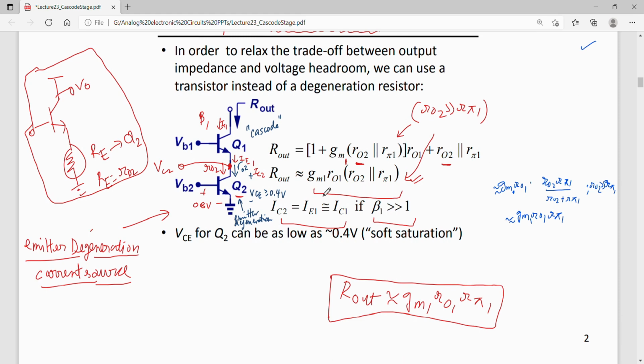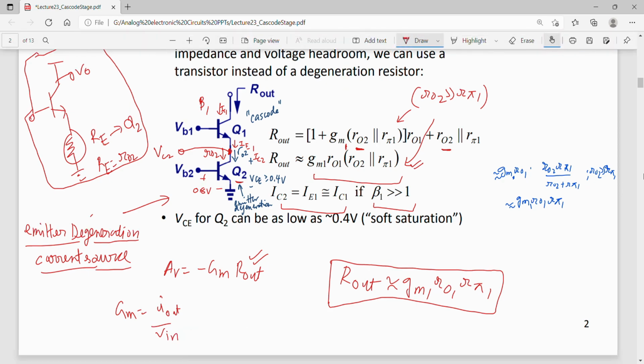So the same R out can be utilized to find out the gain of this circuit, right? So the gain of this cascode is minus GM times R out. R out is known to us. Now GM of this circuit. For finding GM of this circuit, I'll have to find out I out by V in.